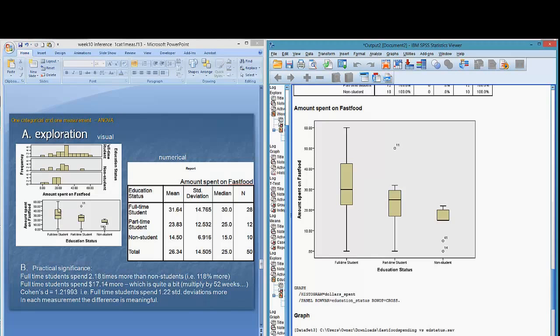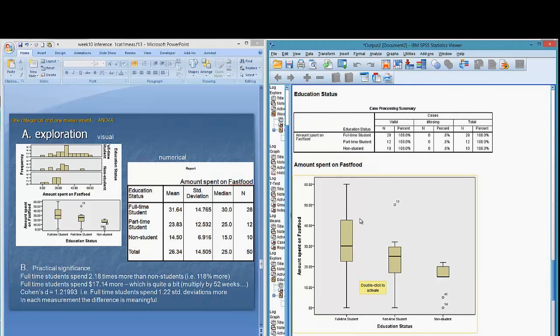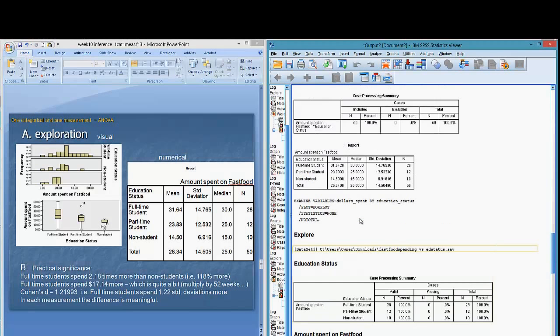ANOVA works on, the box plot is the best picture for an ANOVA because we look at the amount of variation within the groups compared to the amount of variation between the groups. That's what it's actually looking at. So there's an expectation of them being similar, and if they're not similar, then we get a low p-value. So this number, you see I've changed it a little bit.